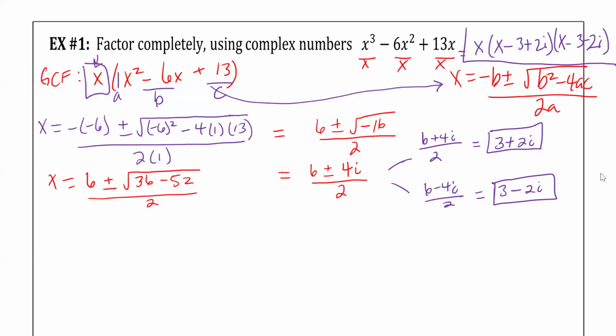All right, so I will write it a little bit bigger, my factored form. So we have, again, the first factor came from our GCF. Are we in agreement? Second factor comes from our complex.